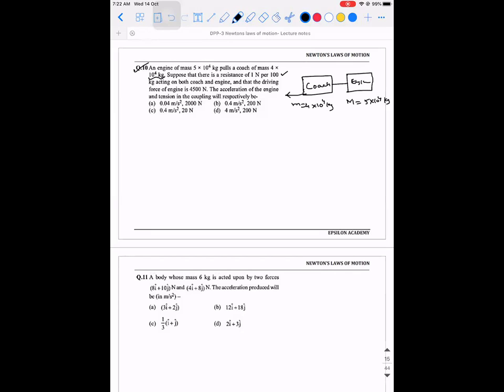What is the meaning of this? For every 100 kilogram mass that is trying to move, that 100 kilogram mass is experiencing a resistive force of how much value? 1 Newton. Yes. But actually, how much is the mass actually trying to move?